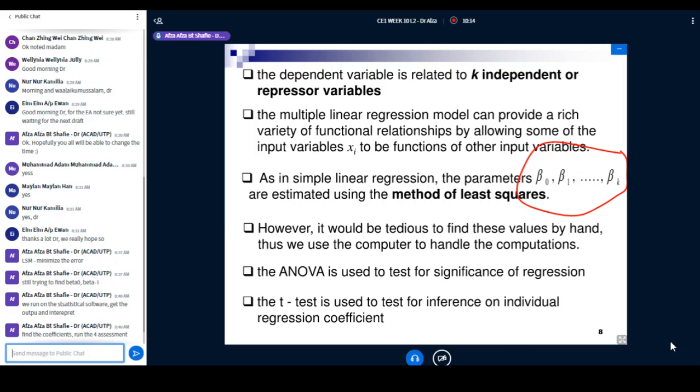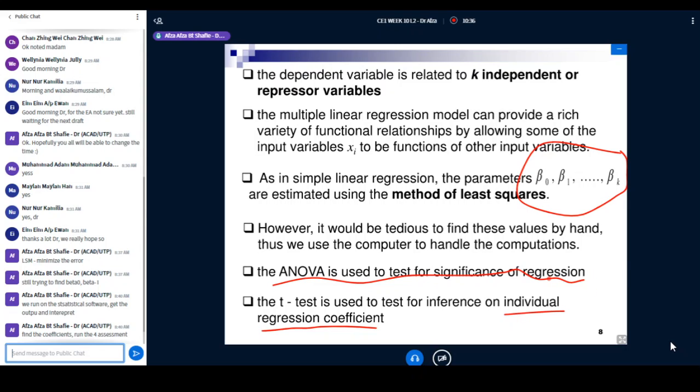One thing you need to note is, in the case of multiple regression, the ANOVA will be used to test whether the regression is significant or not, and the t-test is used for individual coefficients. Why do I say individual?